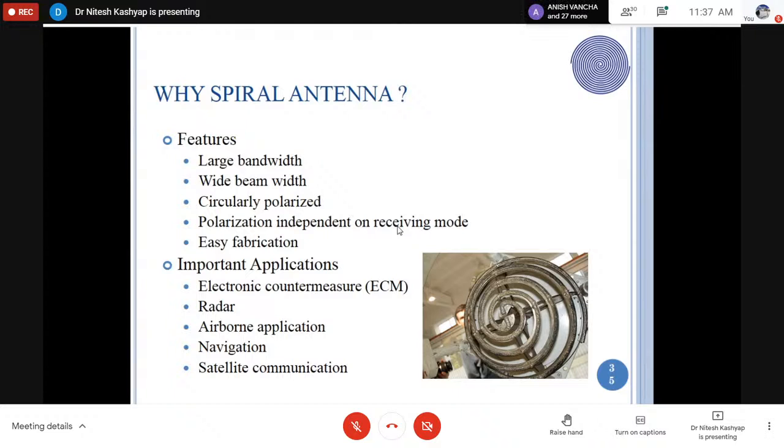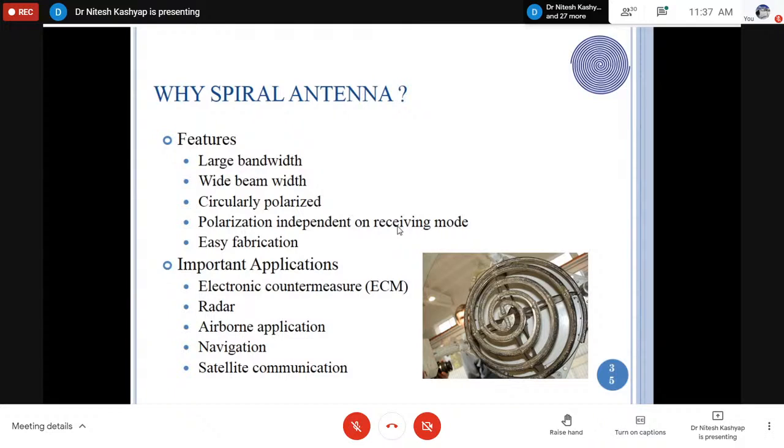And the important application is electronic countermeasure. What is electronic countermeasure? If you want to measure or judge frequency in free space, you need an antenna which is frequency independent, so you can receive any signal from anywhere.